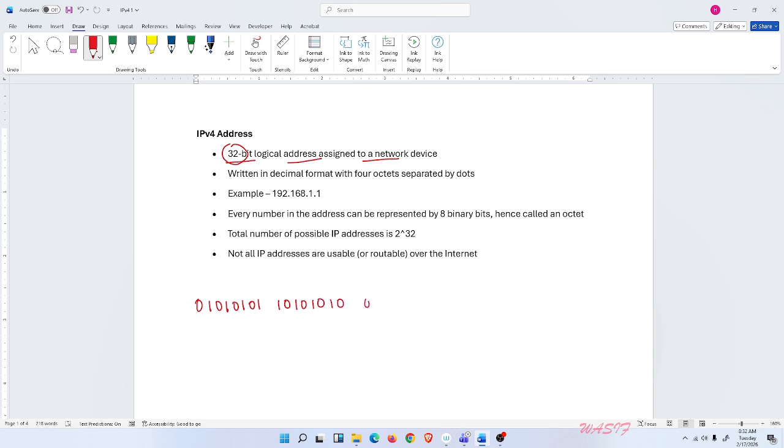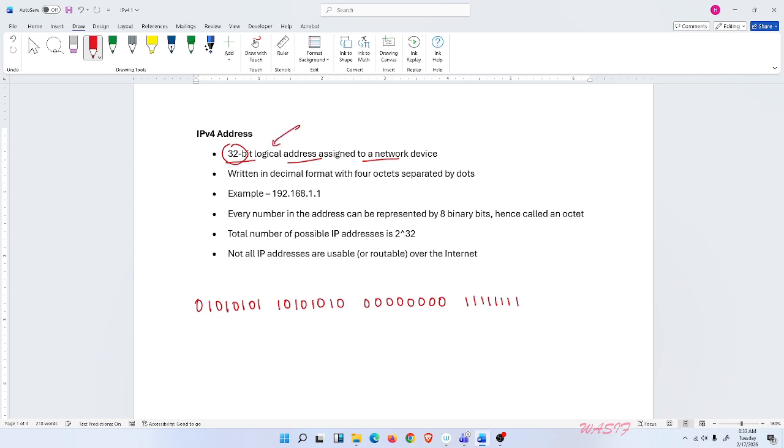Let me write something like 0 0 0 0 0 0 0 0. Let me also write something like 1 1 1 1 1 1 1 1. Okay. Now you can see I have put some gaps between them. I will come to that point later, so don't worry about it.